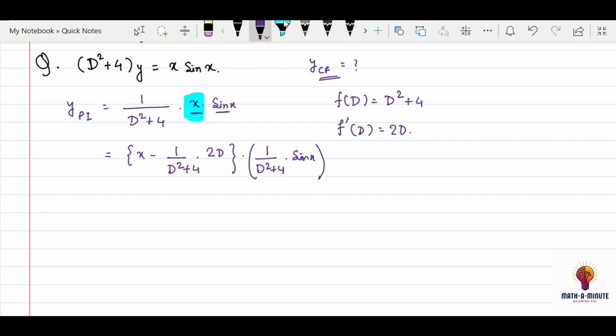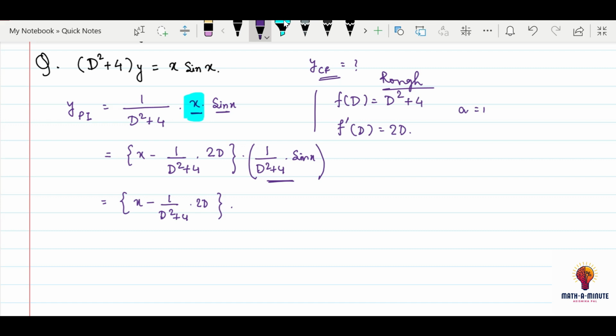So first, let me find the value of this particular integral. So just write this operator as it is. So now here the value of a is 1. Okay.